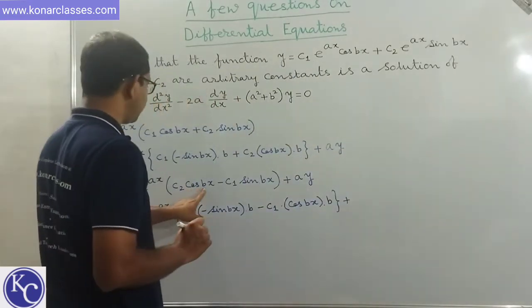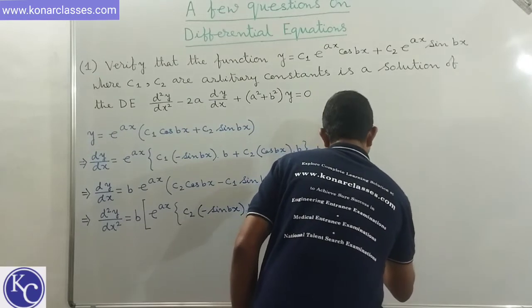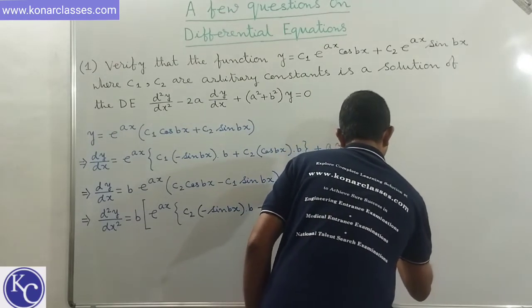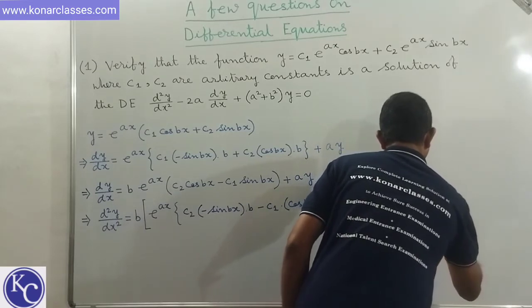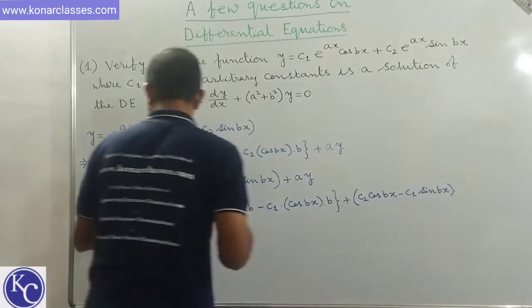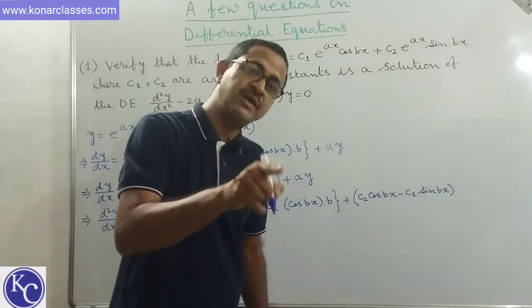c2 cos bx minus c1 sin bx into d dx of e power ax, that is e power ax into a.